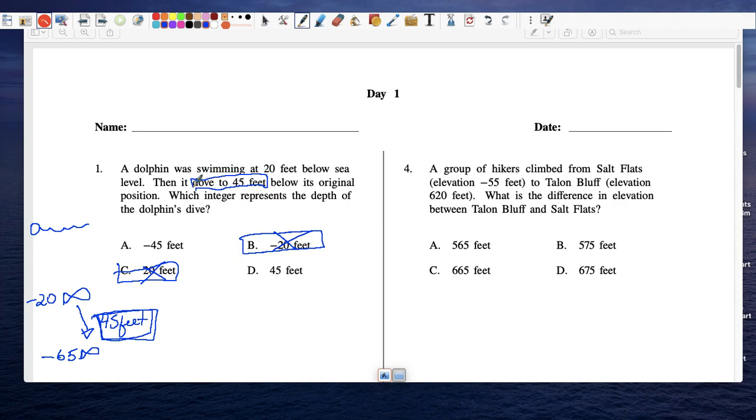How do we represent this as an integer? Well, because he's going further away from 0, going down in this case, we use negative 45. Okay? I'll put that negative sign there.